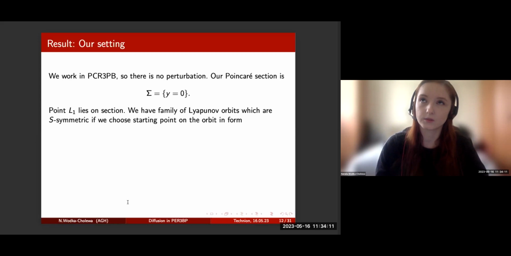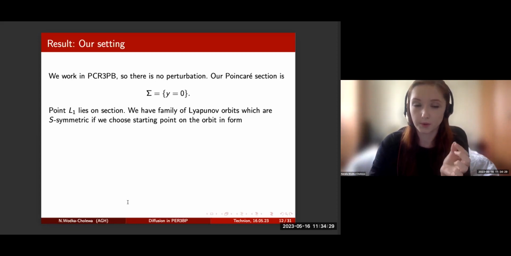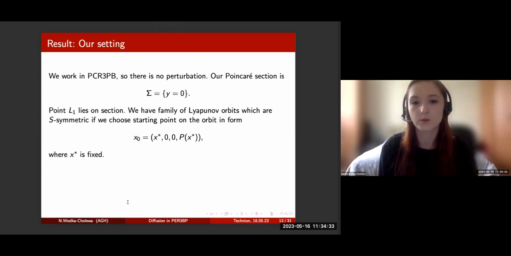So we know that there exists a family of Lyapunov orbits. They are symmetric, so the time reverse symmetry works because this section is like cutting it in half, and you have the symmetry, everything works. And we will choose a starting point for our Lyapunov orbit as follows. The x star is fixed, so it's some value, and you have x0, the starting point.